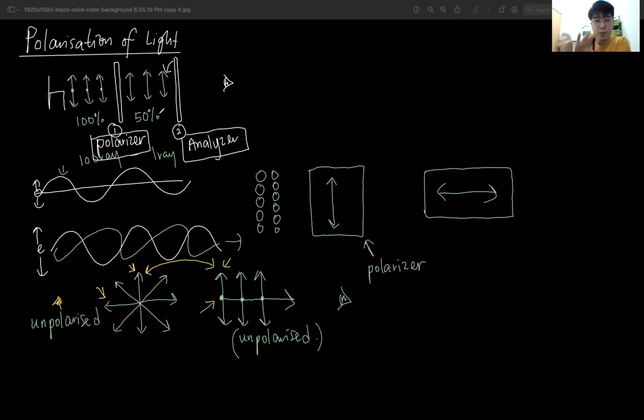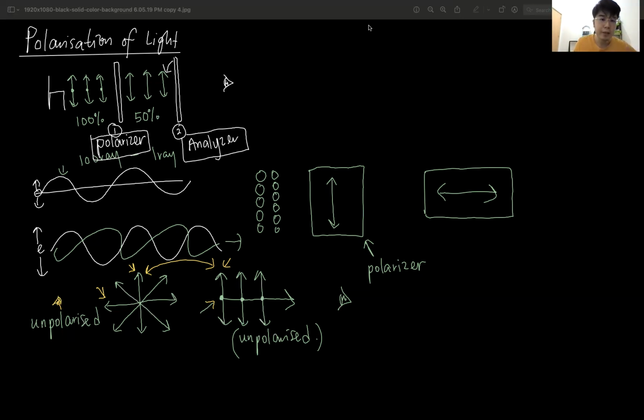So that is why we call it the analyzer, because it allows us to determine whether the light coming to us is polarized or unpolarized. We do it by rotating. If I do not see it, it's polarized. If I still see it after I rotate, then that is unpolarized light.